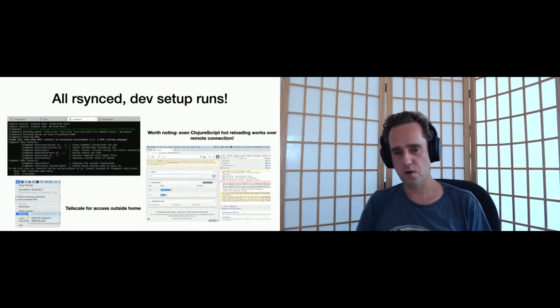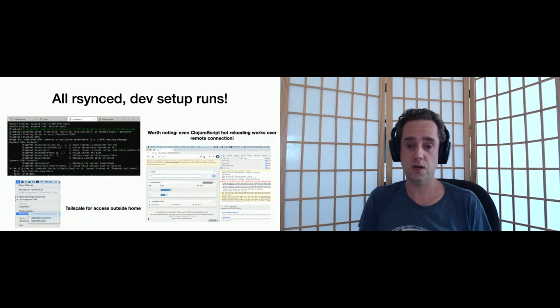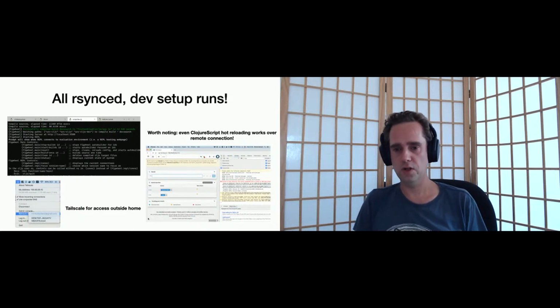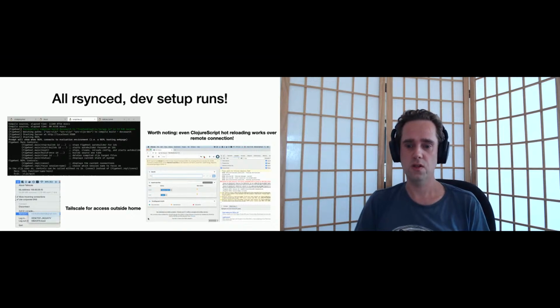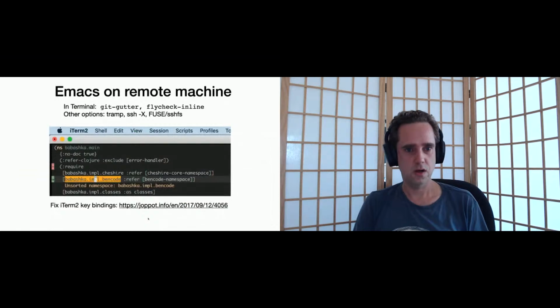And so I can always connect to my development web server through the same IP, in my home but also outside my home. And even the hot reloading of the JavaScript works through a web socket, even if I'm kilometers away from my home. So yeah, I was amazed by that.